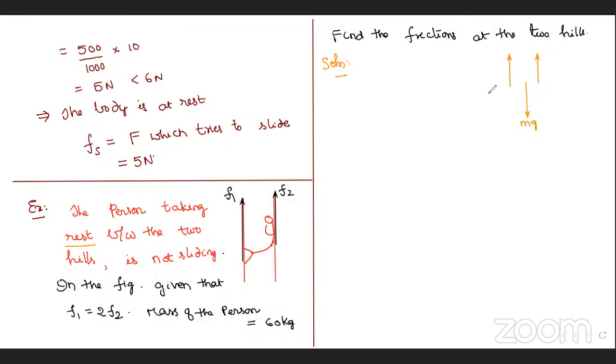This is F1 and this is F2, where F1 is equal to 2F2, what he gave. He is at rest, which means simple logic: the total downward force should be equal to the total upward force. Total downward force is mg.